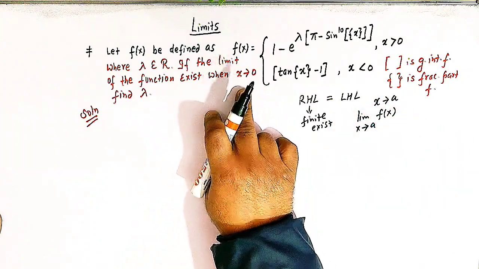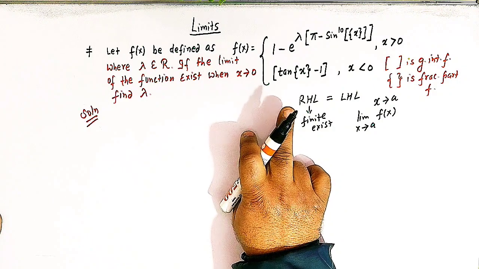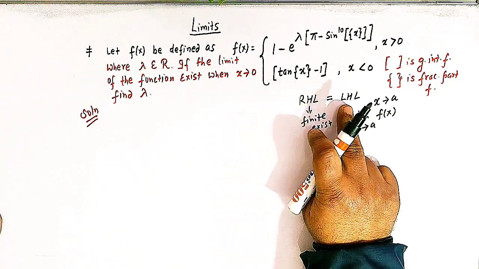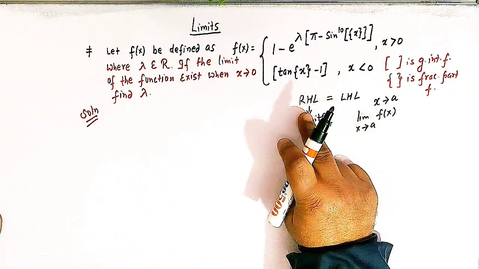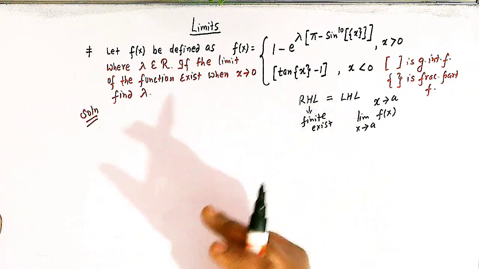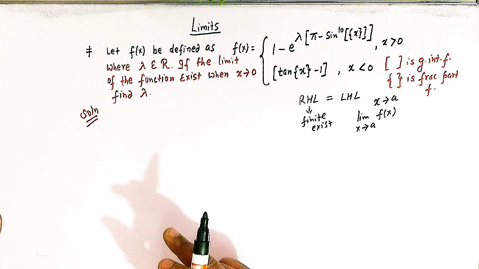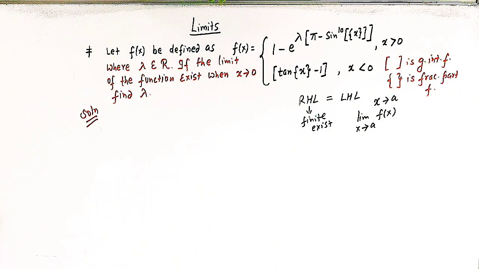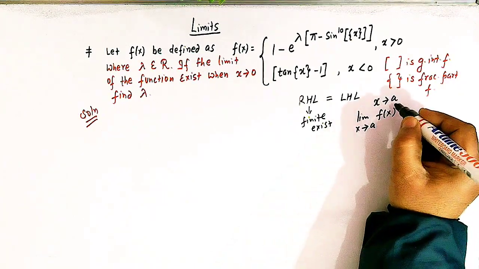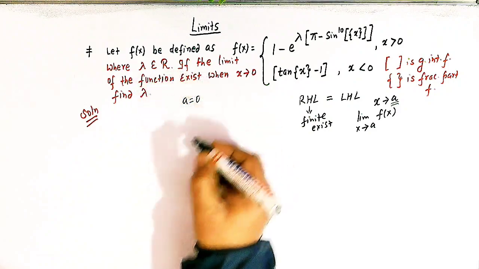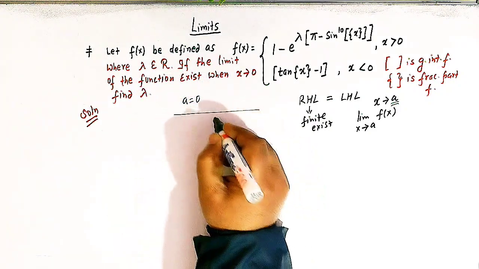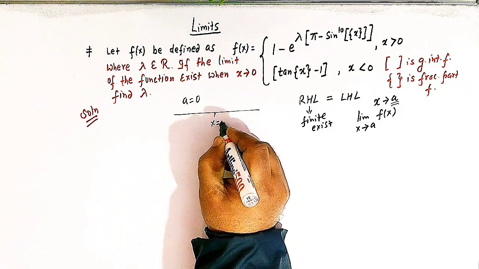So to solve this problem, we'll first find the right hand limit, then we'll find the left hand limit, and then we'll equate both the expressions to get an equation in lambda, and then we can find the value of lambda. So here our point a is 0, and we have x is equal to 0.